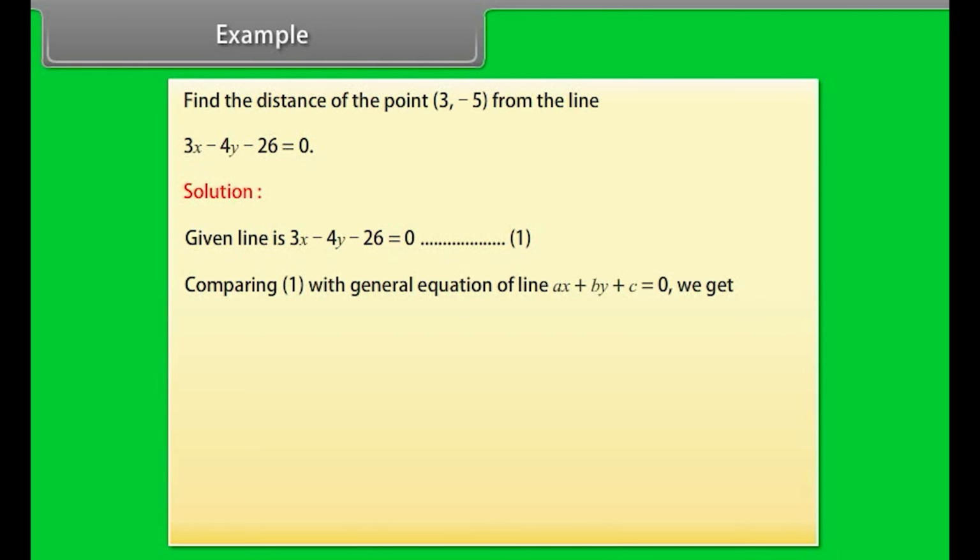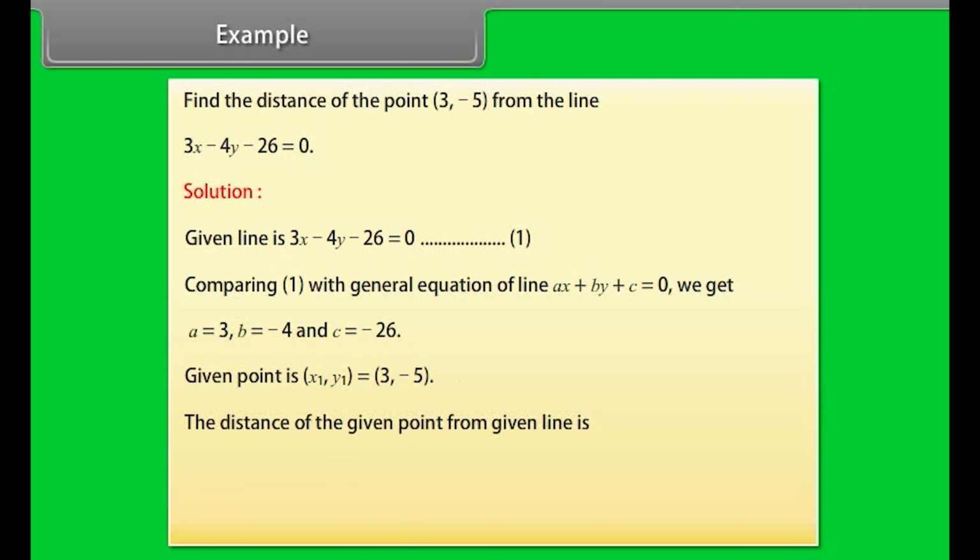Comparing 1 with general equation of line ax plus by plus c is equal to 0, we get a is equal to 3, b is equal to minus 4 and c is equal to minus 26. Given point is x1, y1 is equal to (3, minus 5). The distance of the given point from given line is d is 3 by 5.